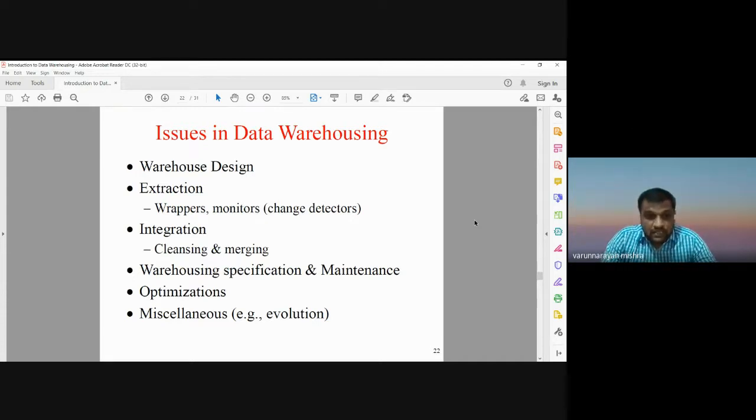Before that, in some cases you need to apply cleaning and merging of the data sets. Also, specification and maintenance is an important part of warehousing. It may include optimization, and there may be miscellaneous issues like the evolution of the data warehouse being required.